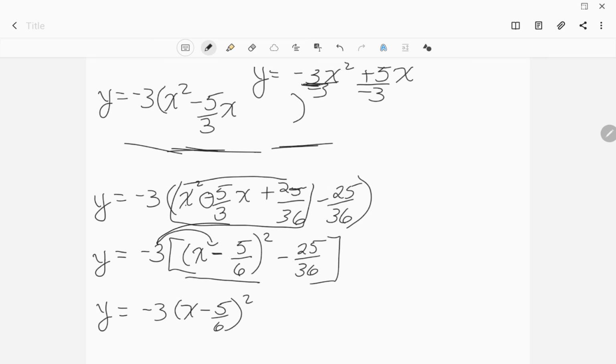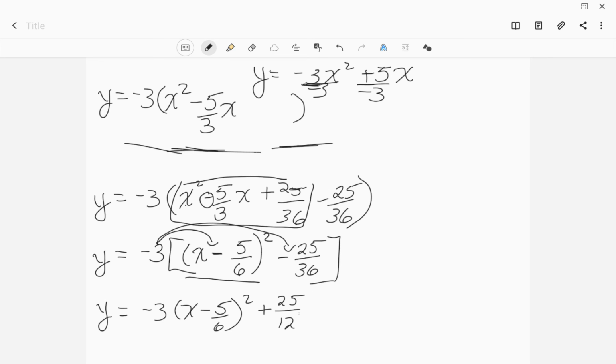But I also have to multiply the negative 3 with the negative 25 over 36. Use your calculator. Negative 3 times negative 25 over 36 should give you a positive 25 over 12. So as disgusting as that is, it's now in standard form.